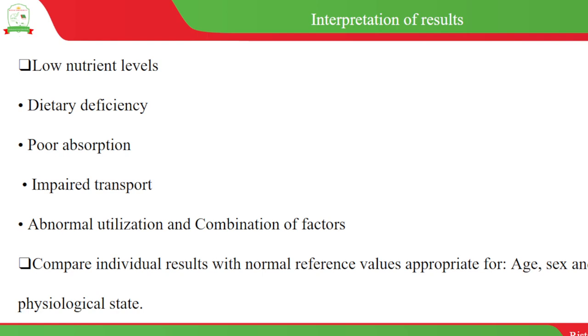You will conclude dietary deficiency, poor absorption, impaired transportation, abnormal utilization, or a combination of these factors. You can compare individual results with normal reference values, since age, sex and physiological state all have their different reference values, and you can stick to those.